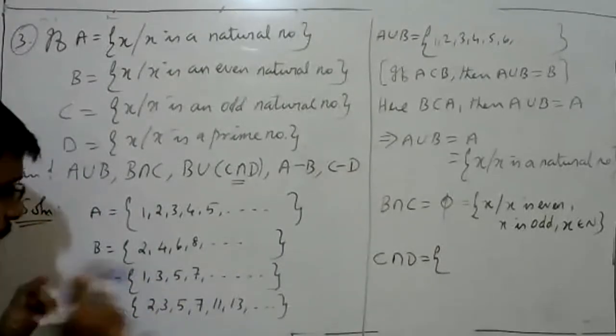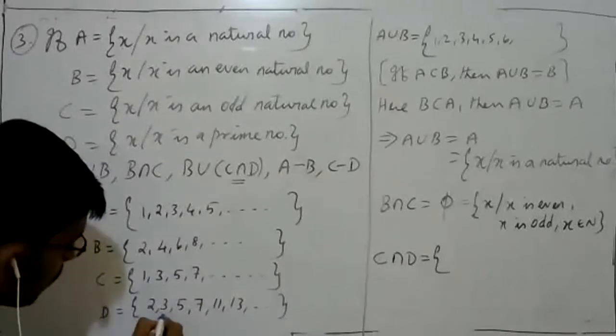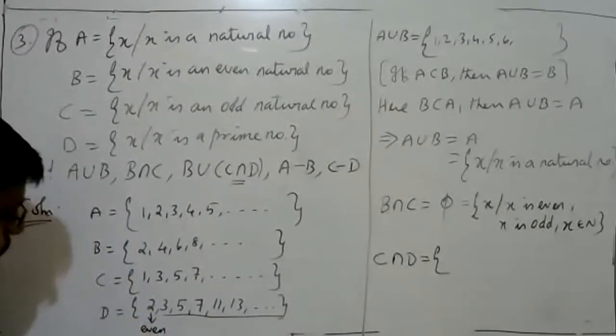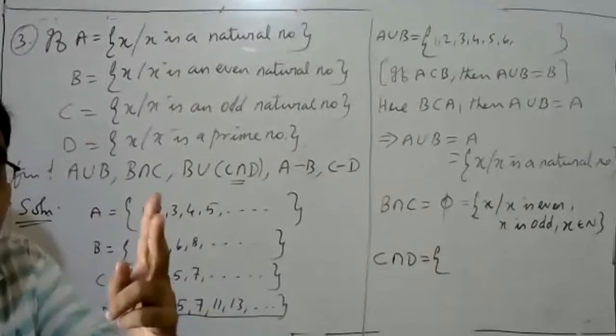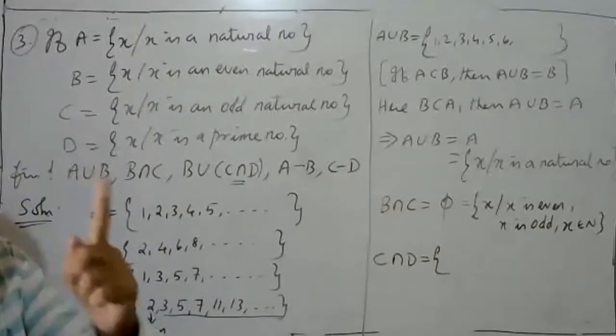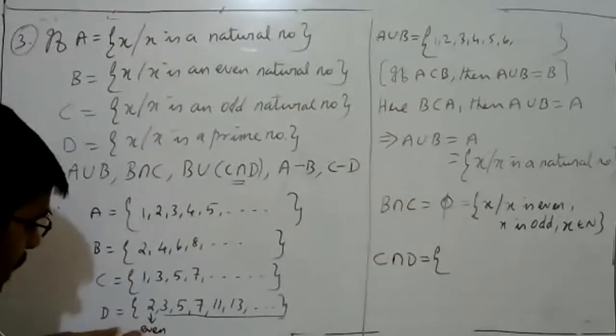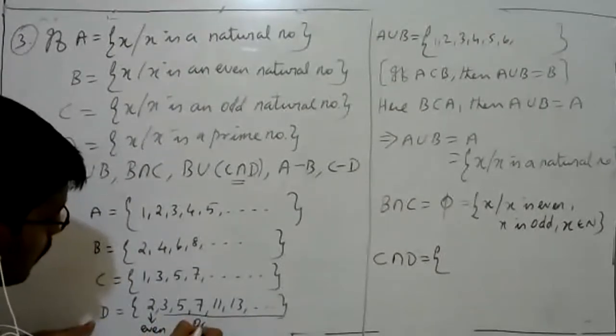So then that means, look at that. In our prime numbers, 2 is the only even prime number. All other prime numbers are odd.